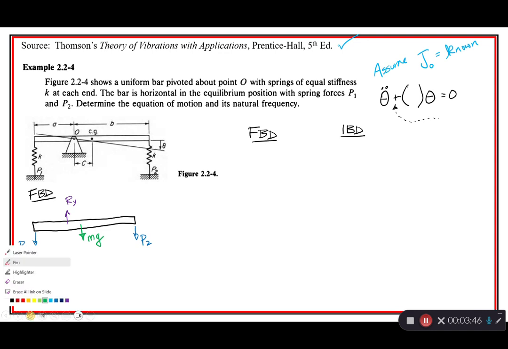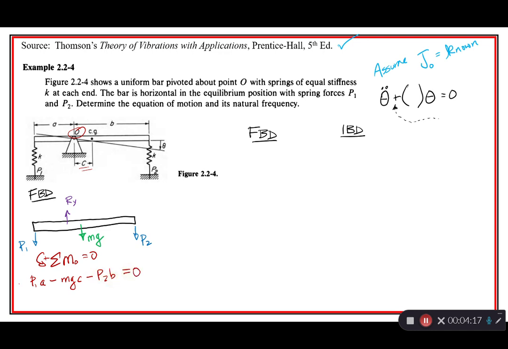No. So the sum of the moments about O is equal to 0. Boom. And I said, okay, P1 times A minus mg times C, because there's the C, and then minus P2 times B is equal to 0.